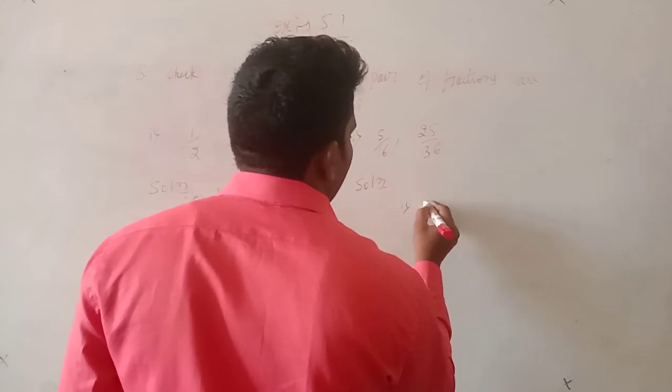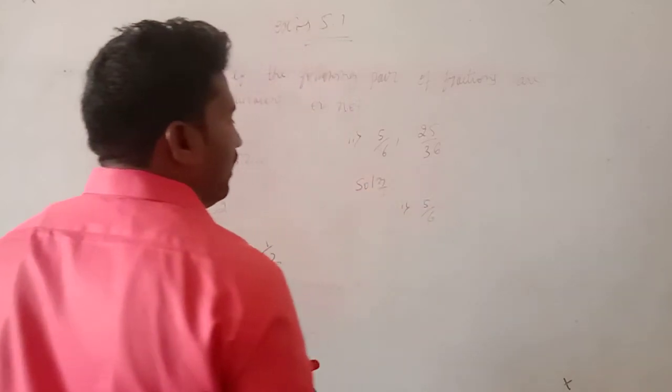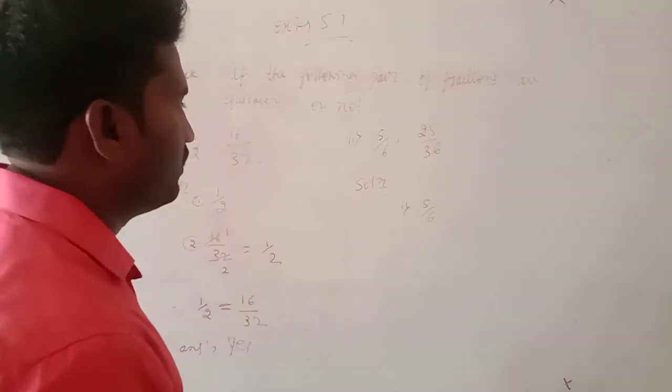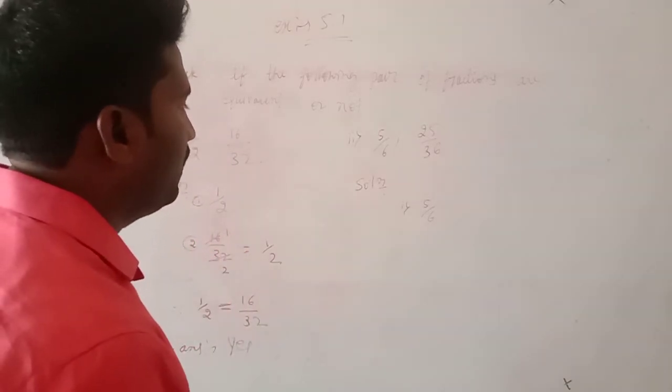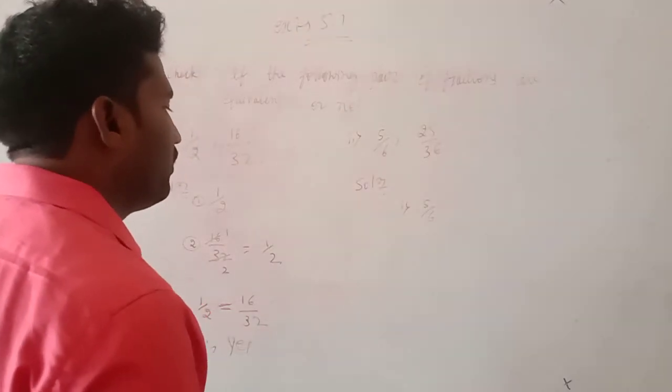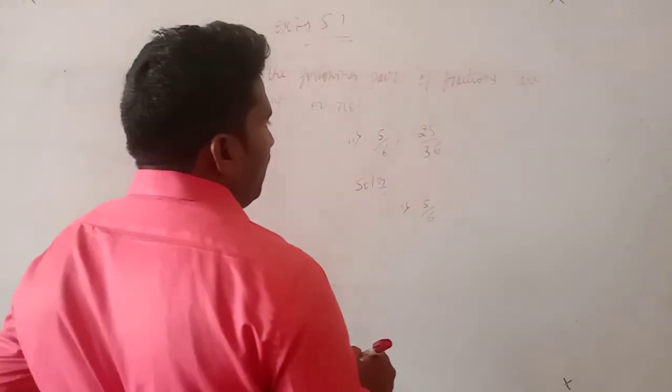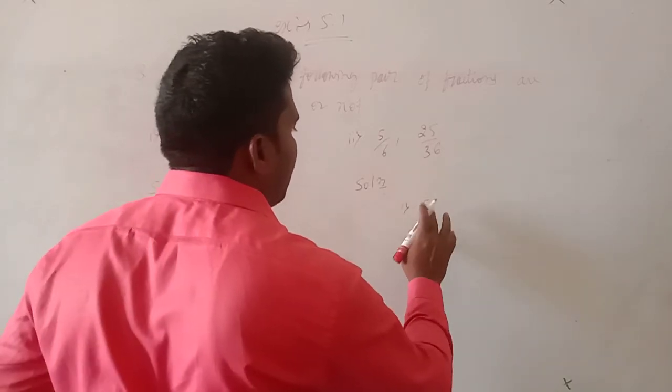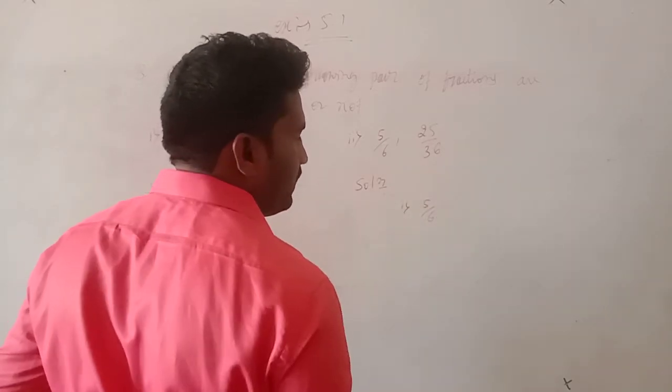First one is 5 by 6. We cannot reduce 5 by 6, since 5 and 6 cannot both be divided by any common number. So we keep 5 by 6 as it is.